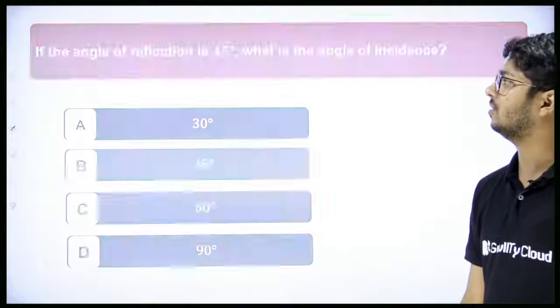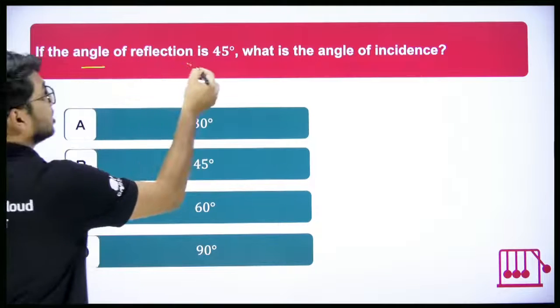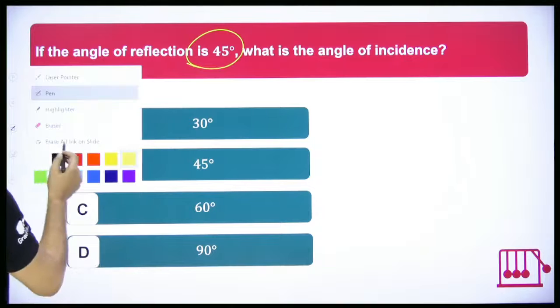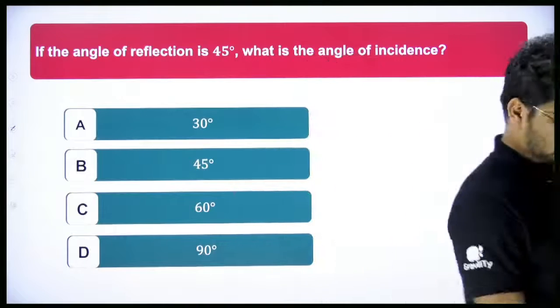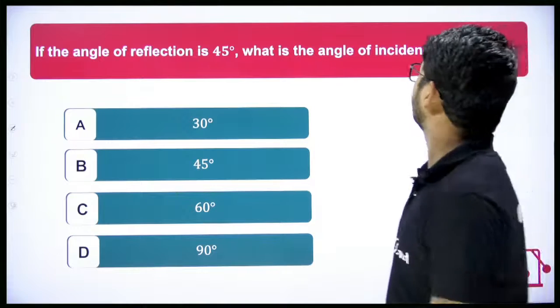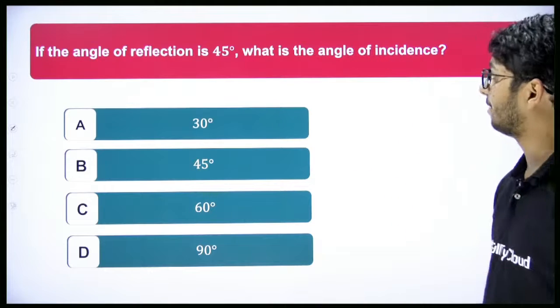Okay? Good. Next. If the angle of reflection is 45 degrees, what is the angle of incidence? Again, a pretty simple, straightforward question. 15 seconds should be more than enough. Angle of reflection is given. What is the angle of incidence?